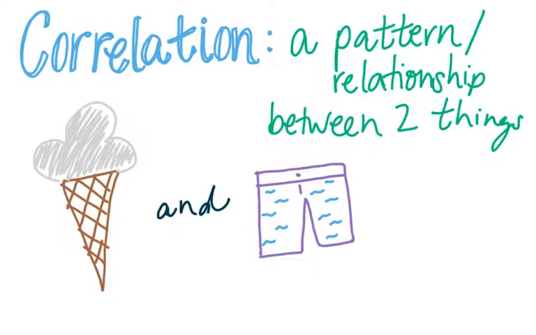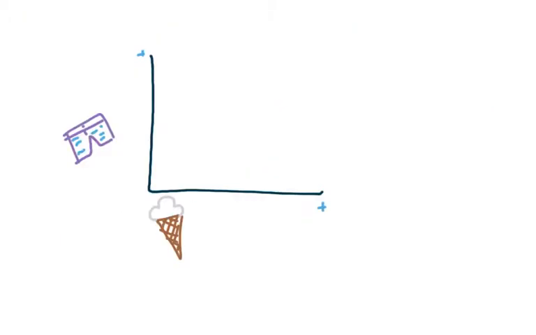With correlation, what we're going to do first is compare ice cream sales with bathing suit sales. If I was bored and I was selling ice cream in the summer, then I would want to see how my sales are increasing. Well, if I were to also compare bathing suit sales, what I would find is that as ice cream sales increase, so the more ice cream I sell, the more bathing suits are also sold.